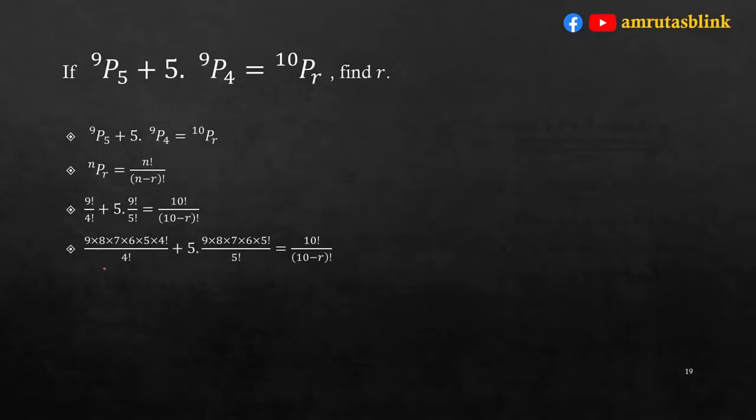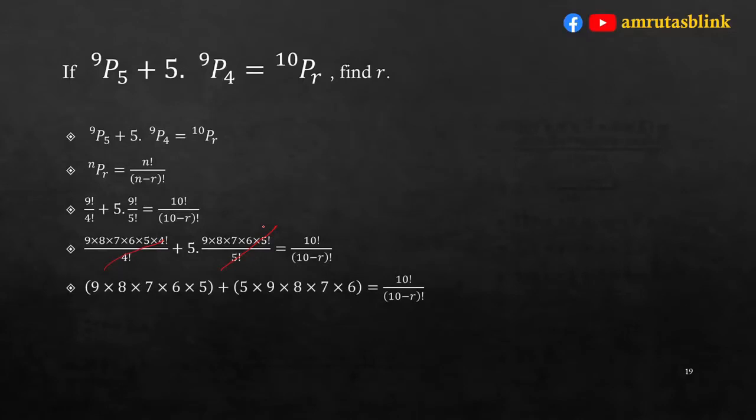Now this 4 factorial cancels, 5 factorial cancels. So we have 9 into 8 into 7 into 6 into 5 plus 5 into 9 into 8 into 7 into 6 is equal to 10!/(10-r)!. So ultimately 2 into 9 into 8 into 7 into 6 into 5 is equal to 10!/(10-r)!.